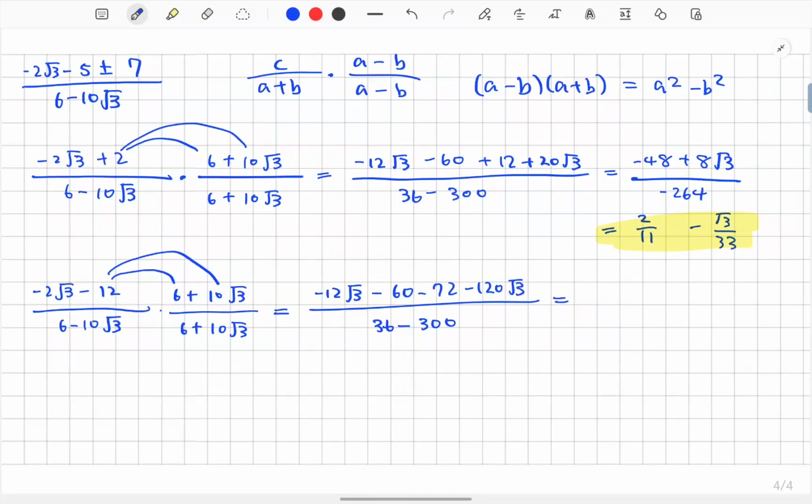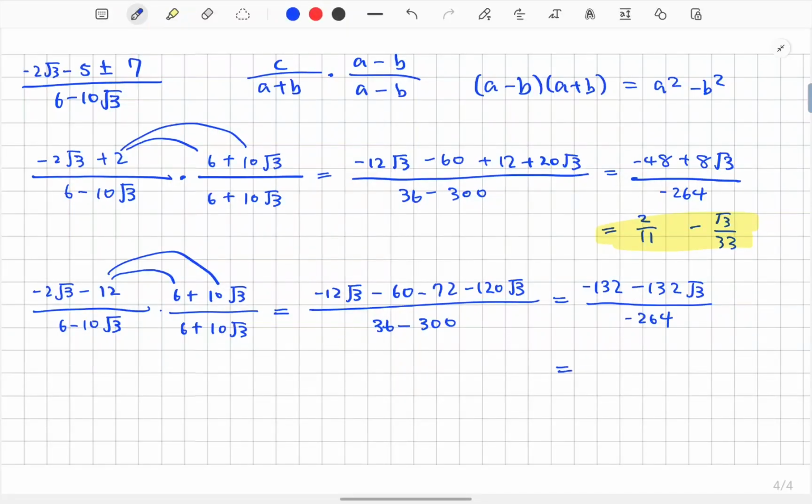We'll now collect like terms. For the integer part, negative 60 minus 72 will be negative 132. Negative 12 root 3 minus 120 root 3 will be minus 132 root 3. All over negative 264.